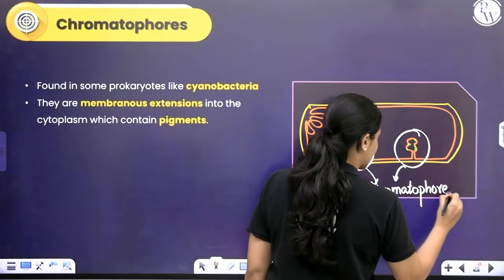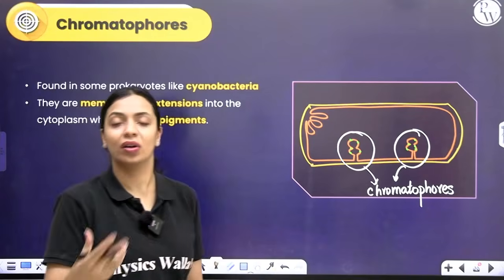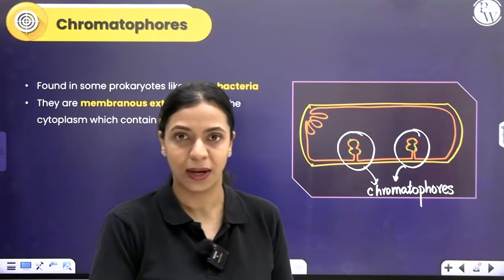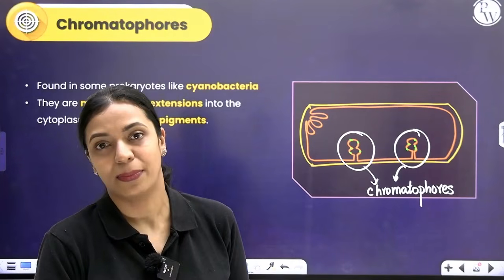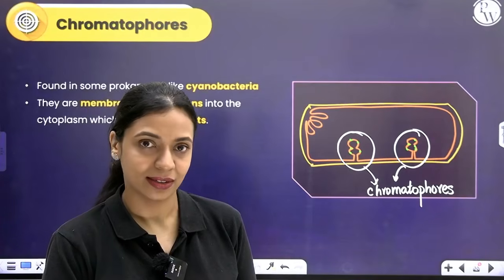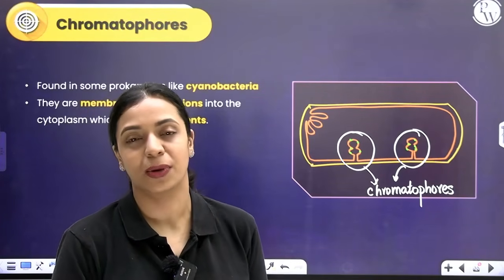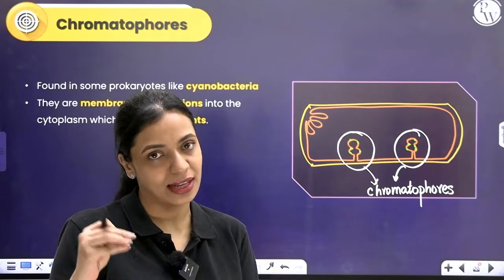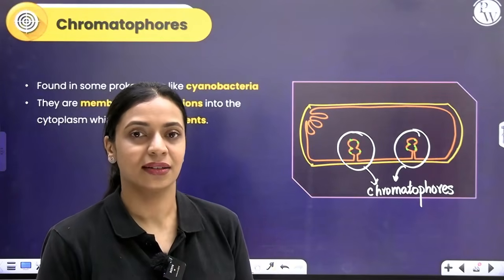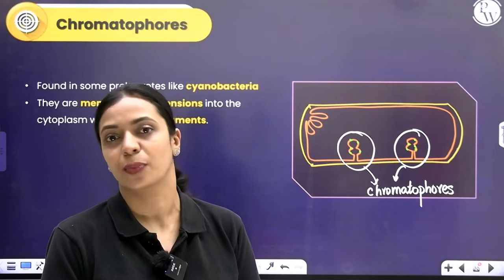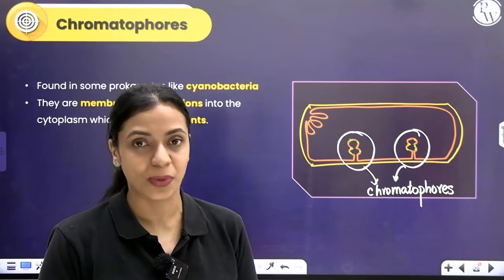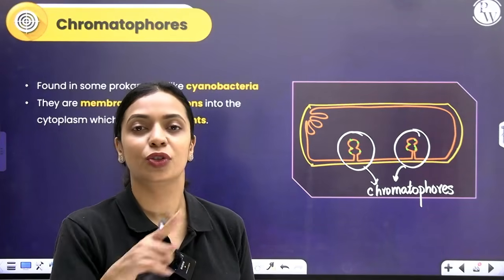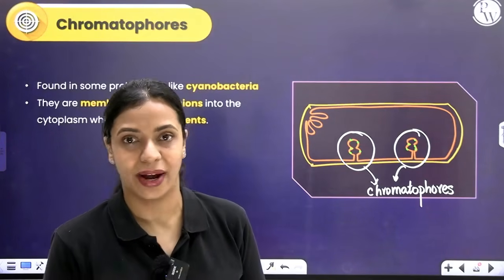Eukaryotes have a specific organelle to perform photosynthesis, the chloroplast. But here, since the membrane-bound organelle chloroplast is not there, the only membrane they have, which is the plasma membrane, modifies itself in certain locations. And in those regions of the plasma membrane, you can find the pigments required for photosynthesis. Those structures can be called chromatophores.